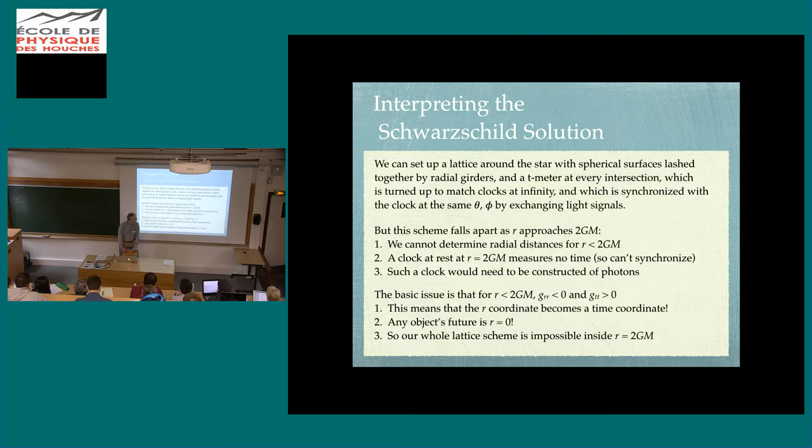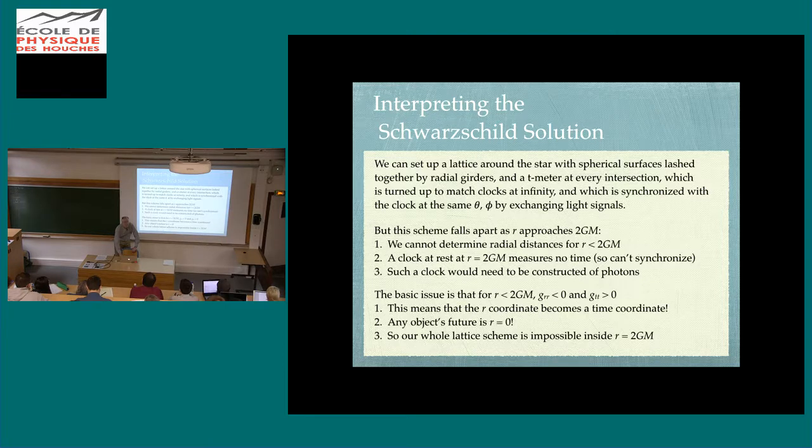So the way I put it to my students is that your future is r equals 0. Okay, there's no way to avoid it. So our whole lattice system breaks down, and this is a sign of the coordinate breakdown that you can only solve by going to a different coordinate system.